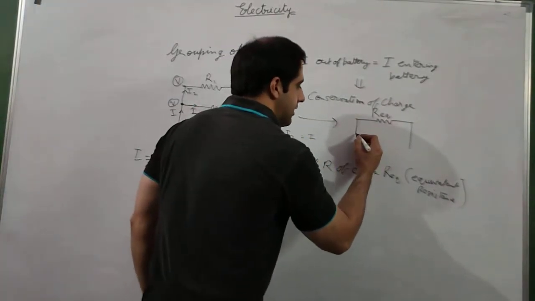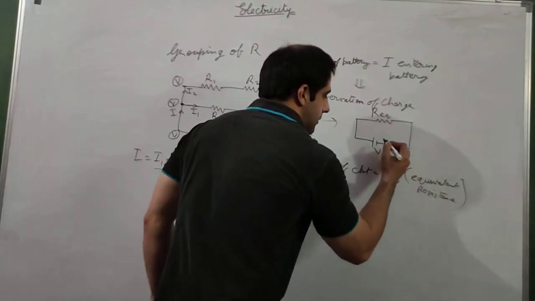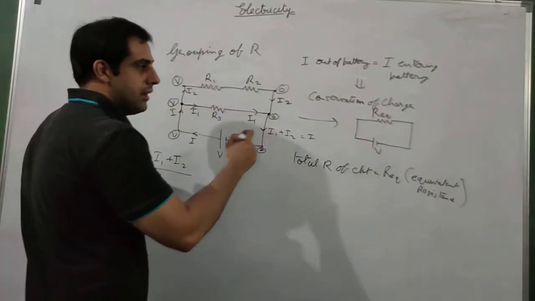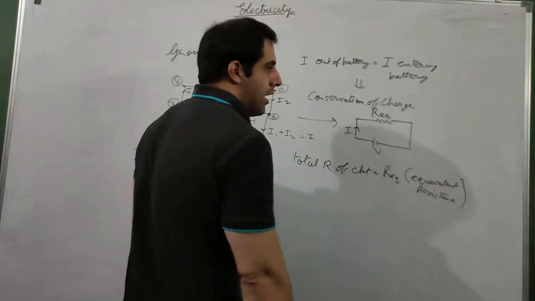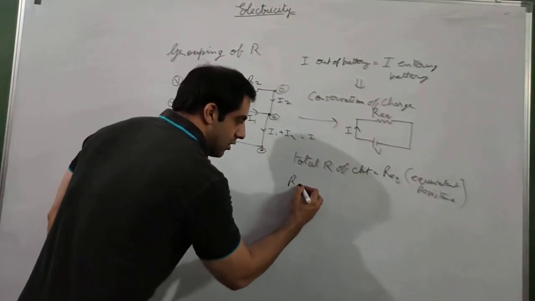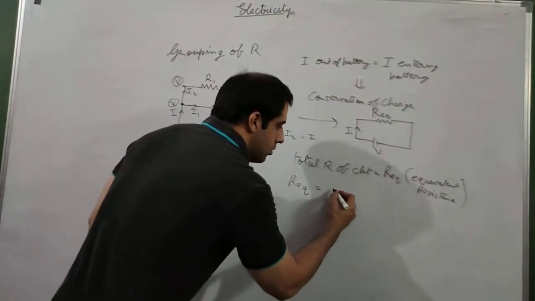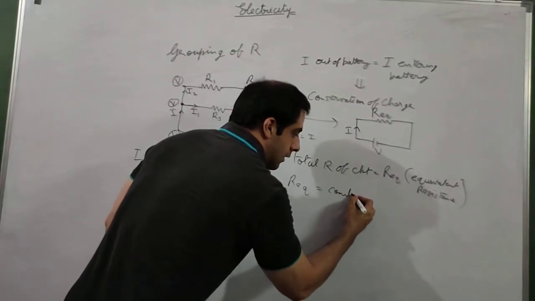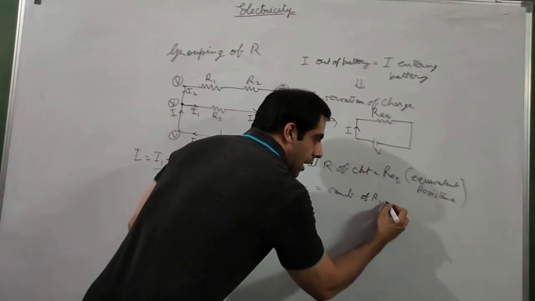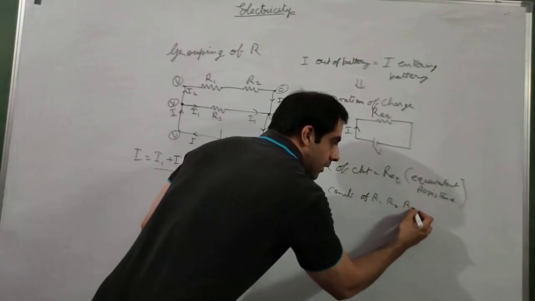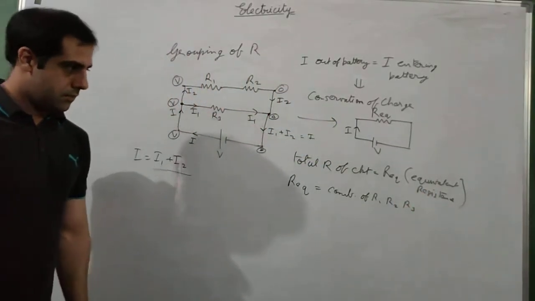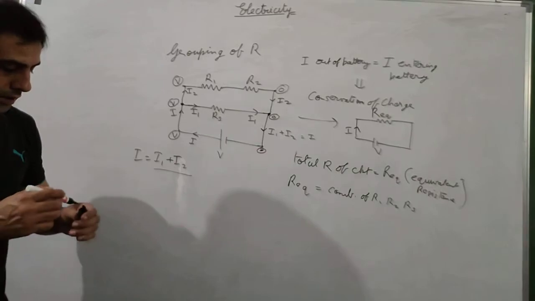So when we are connecting this Req with this battery V, then the current will still be I. So this Req becomes equal to the combination of R1, R2 and R3. I hope this is clear.